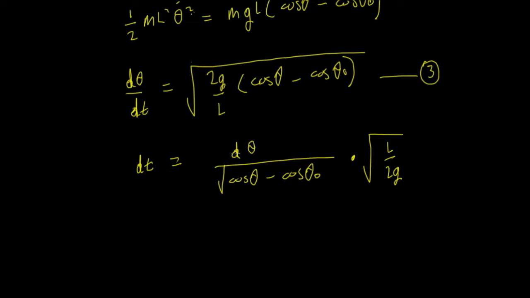So in order to find the total change in time, it's going to be the integral from 0 to theta naught. I'll just call this a value t, the addition of all of those infinitesimal times which occur due to the change in the infinitesimal angle thetas.